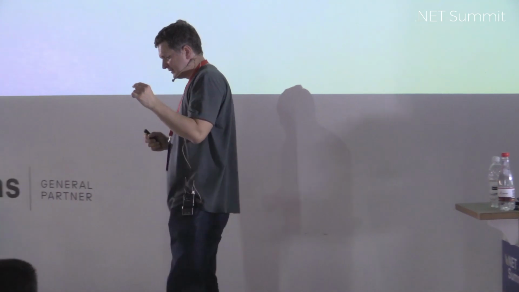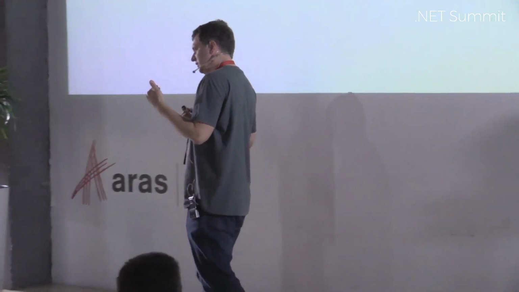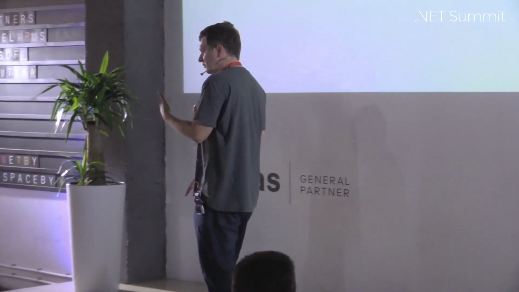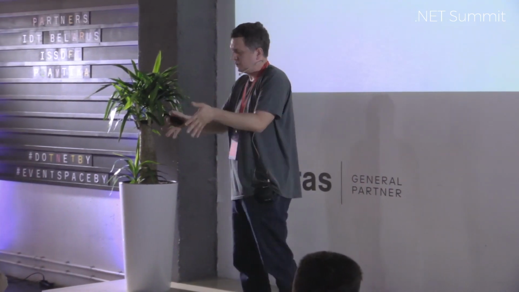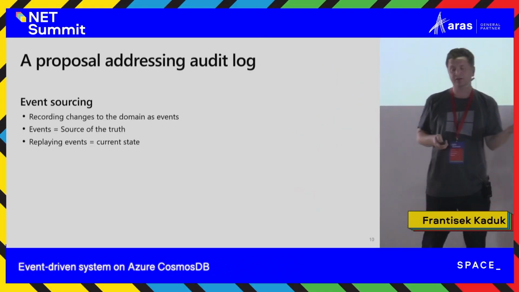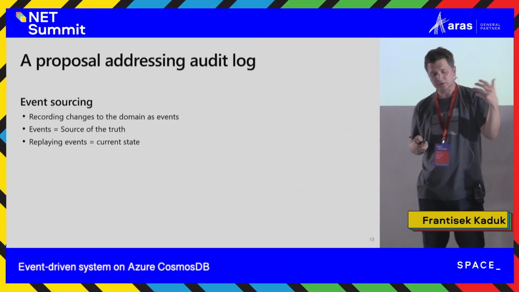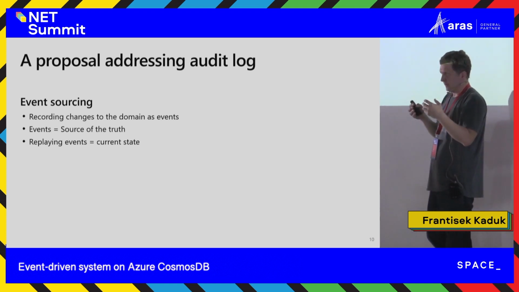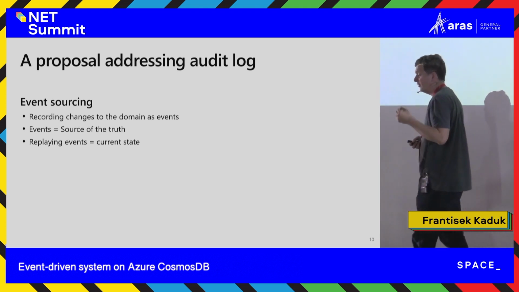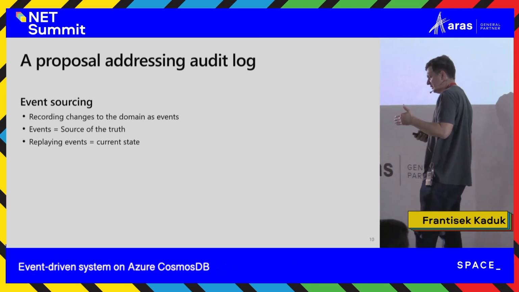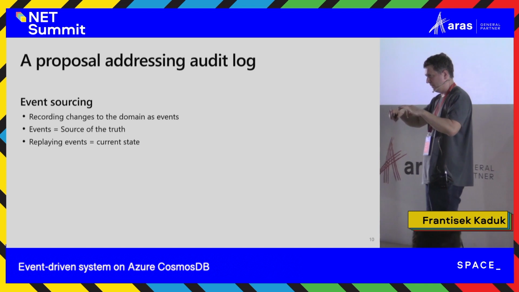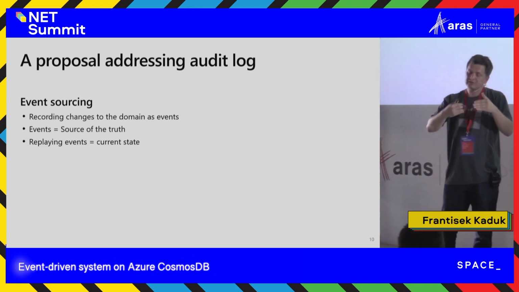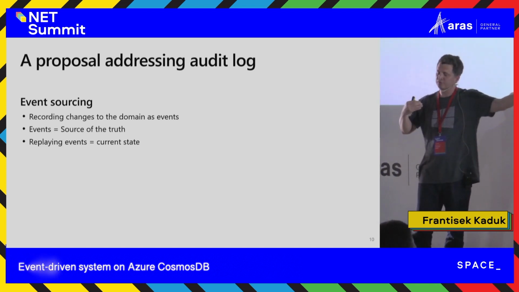And the last requirement I was mentioning, that we also needed to track some audit log. We needed to get some audit log of what's going on with some domain, and we were inspired by event sourcing. Event sourcing says that all of the changes to your domain are represented as a stream of events.